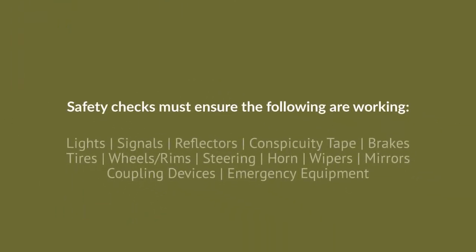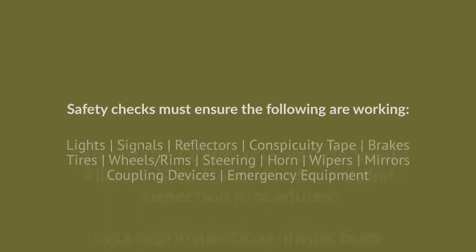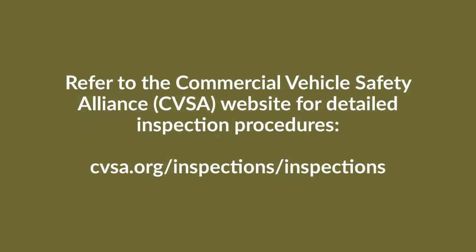At minimum, safety checks must ensure that the lights, signals, reflectors, conspicuity tape, brakes, tires, wheels and rims, steering, horn, wipers, mirrors, coupling devices, and emergency equipment are all present, in good condition, and operating properly. Refer to the Commercial Vehicle Safety Alliance website for detailed inspection procedures.